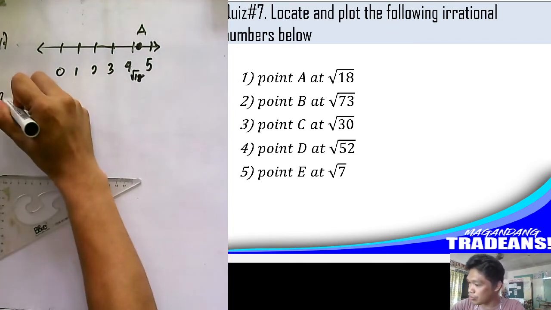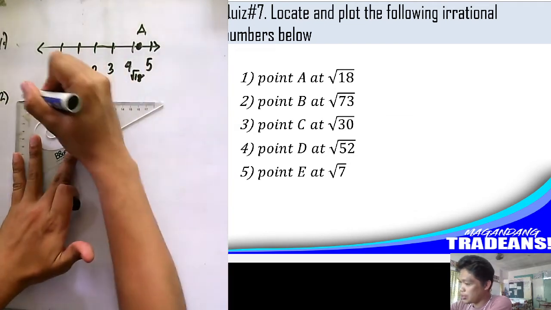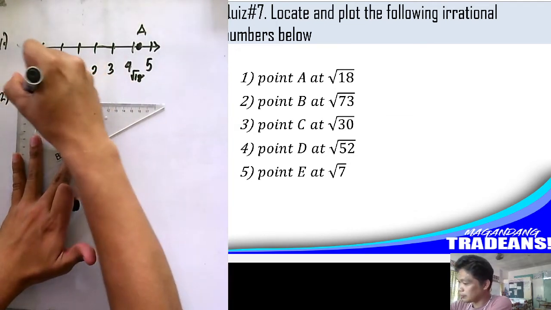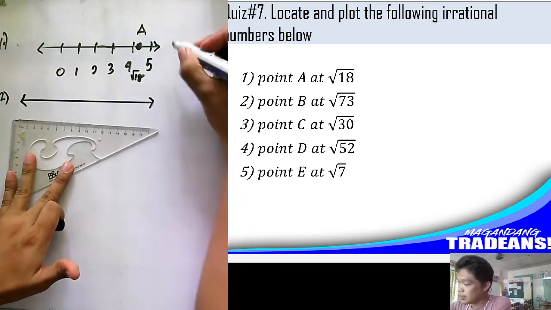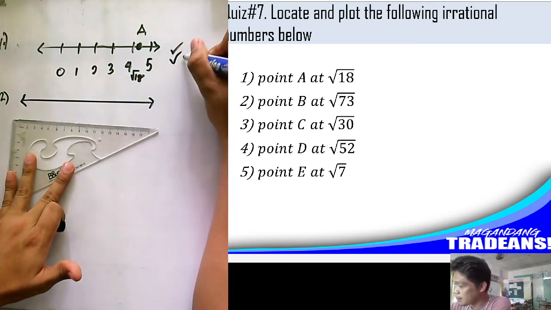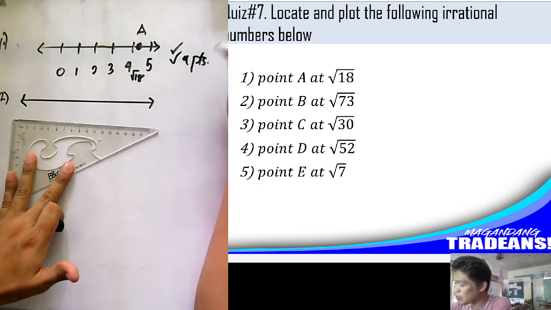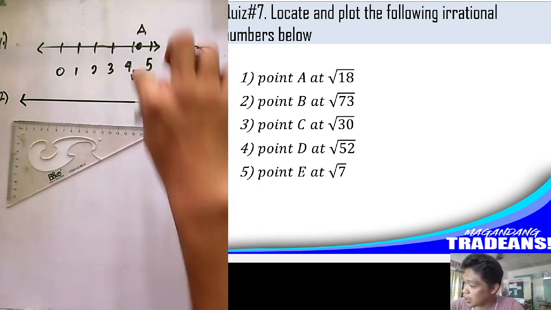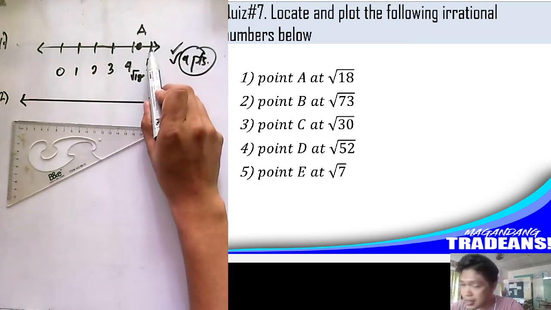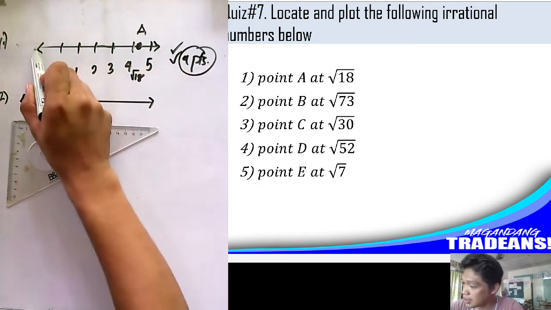Next, for number 2. Again, you are going to draw a straight line. By the way, what is the total score for this? This one is 4 points. Paano po malaman kung mali? Malalaman po natin siya kung mali kapag yung lines is not between the number line.